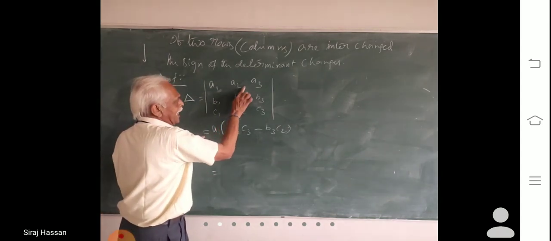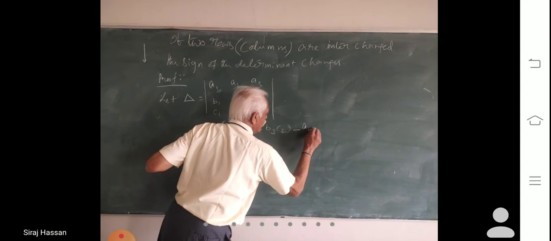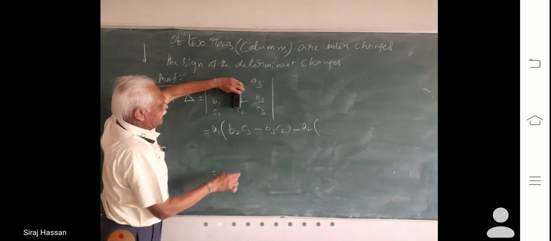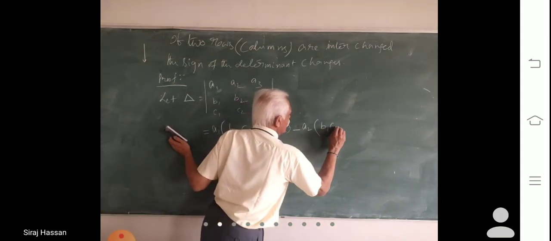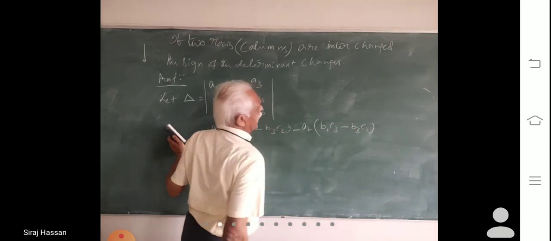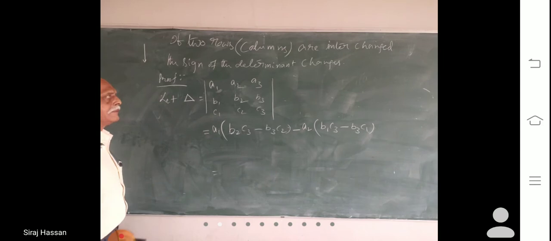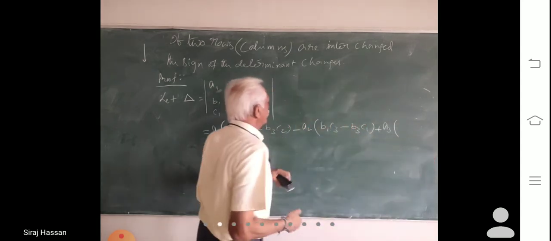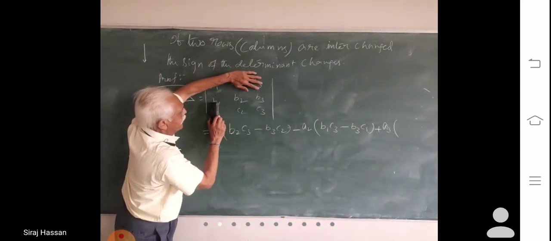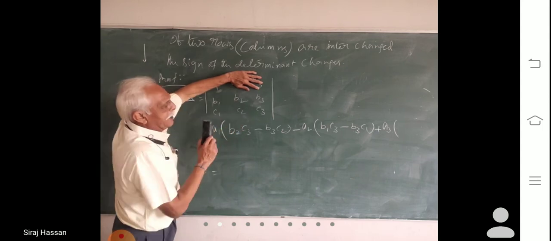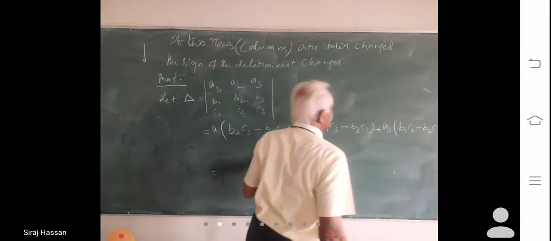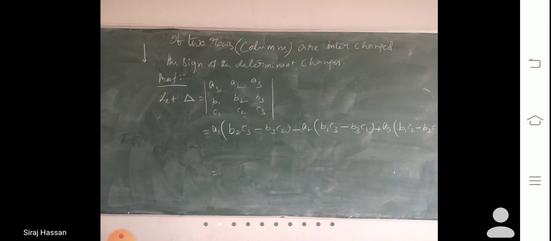Next, while expanding with the second element, minus A2 into, eliminating this row and column, B1 C3 minus B3 C1, plus A3 into, eliminating this row and column, B1 C2 minus B2 C1. This is the regular determinant which we have been expanding.